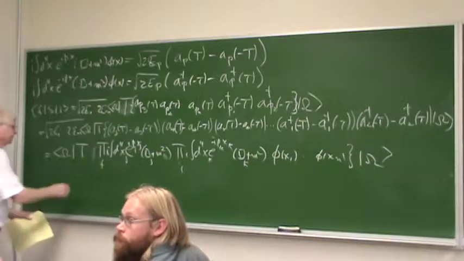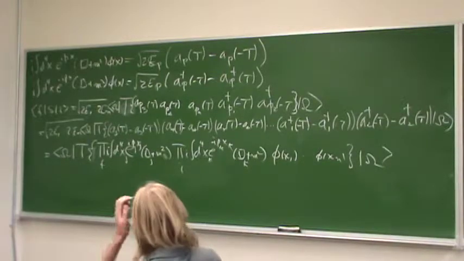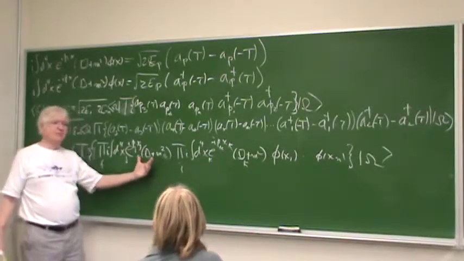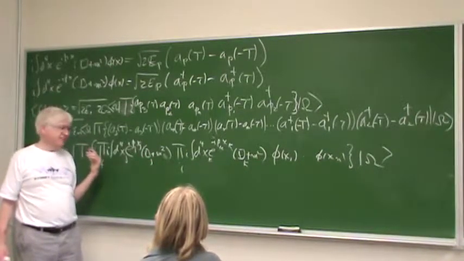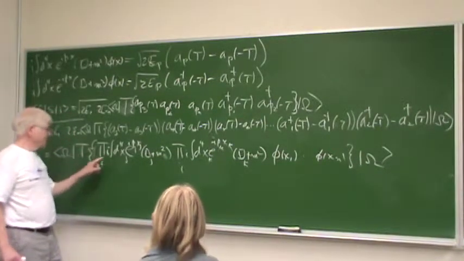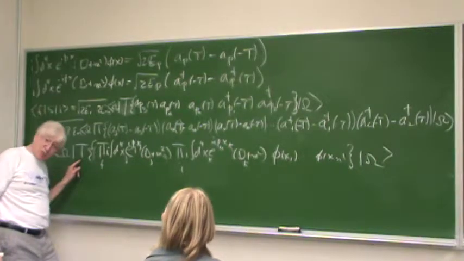So what we do now is something that's not really legal. We're going to pull all the differential operators out to the left. There's no problem with that, except that we have time derivatives here, and this is a time-ordered product.